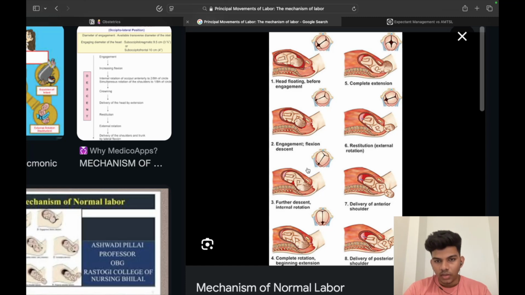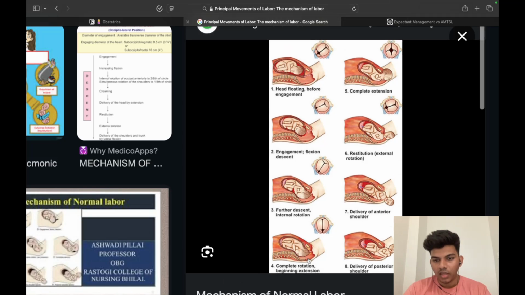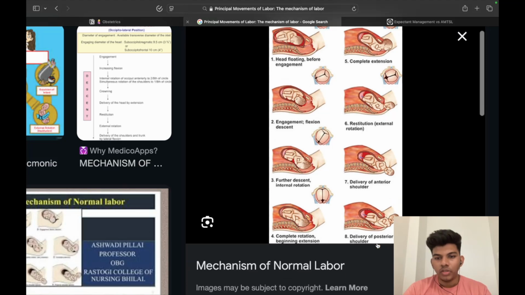Then further descent, then internal rotation, then complete rotation and passing further through the canal. Then there is beginning of extension. Everything is spontaneous and continuously happening: descent, internal rotation, then slowly extension. Then there is restitution, which is completely coming back to the original position, then delivery of the anterior shoulder and delivery of the posterior shoulder.